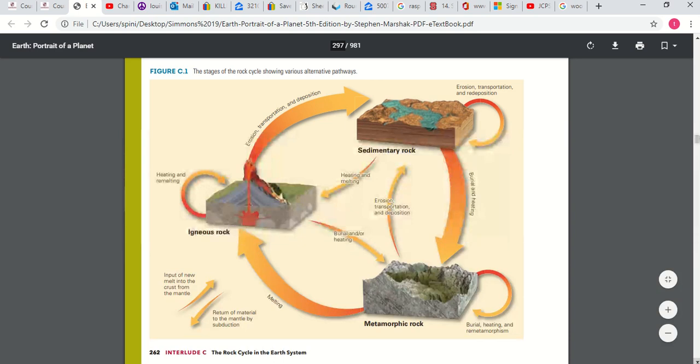What about metamorphic rocks? How could an igneous rock become a metamorphic rock? Well, by definition, metamorphic rocks are rocks that have changed due to increased pressure and temperature. Now, you might say, an igneous rock had a lot of temperature, didn't it? It was liquid. But we're talking about temperatures that will make rocks not necessarily melt, but simply become what we call plastic.